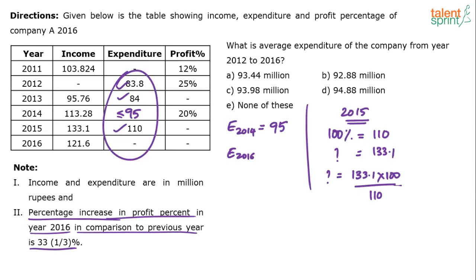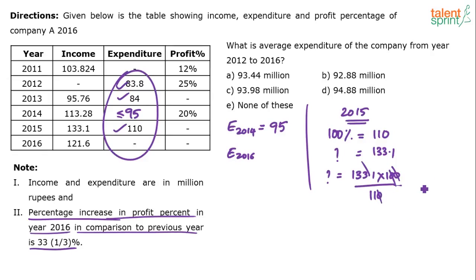What will be the value? Approximately 20, I guess, right? You understand? 133.1 into 100 by 110. Let me just do it this way: this 0 gets cancelled, this 0 also gets cancelled.